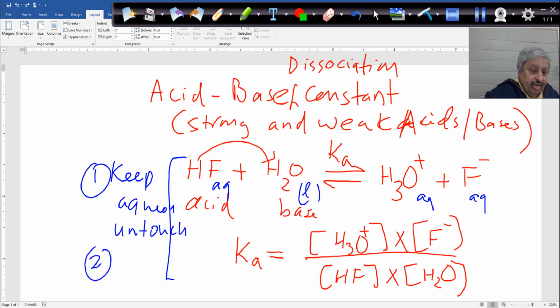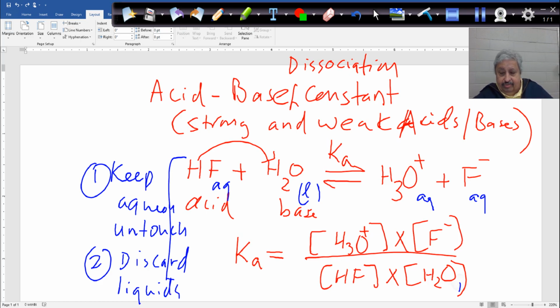Number 2, discard liquids. So this is a liquid here. All the others are aqueous, so I'll keep those and take this one out.